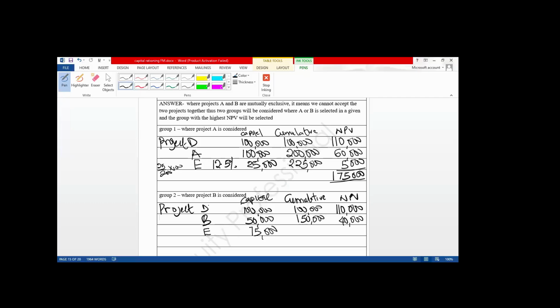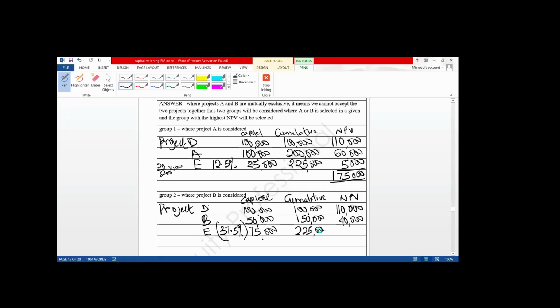Calculate the percentage. 75 divided by 200. You can only accept 37.5%. Cumulative here 225.